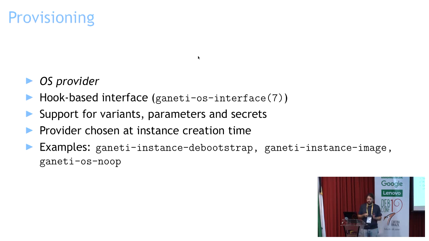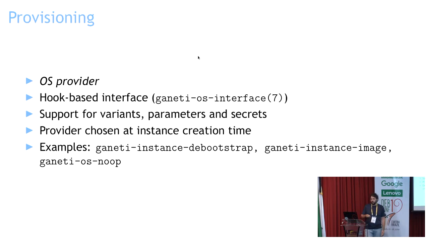So examples of OS providers that are out there are Ganeti Instance Bootstrap, which is also available in Debian, and uses debootstrap to create the root file system for an instance. There's Ganeti Instance Image, which is, as the name suggests, image related. So you have ready images of instance disks, and it takes care of installing them.